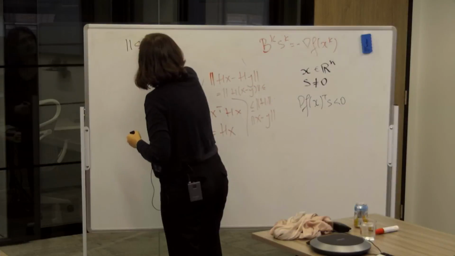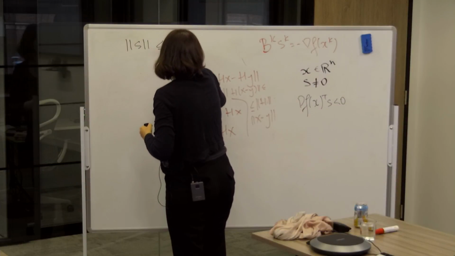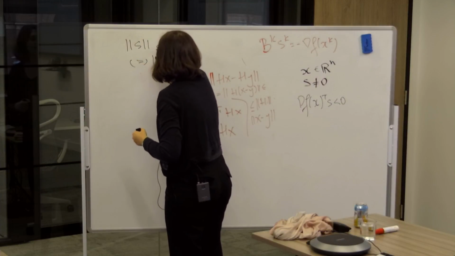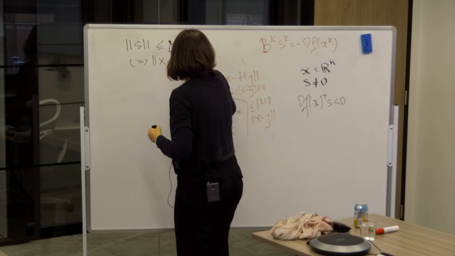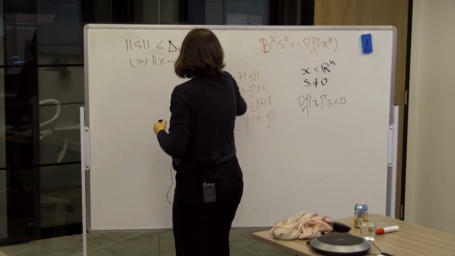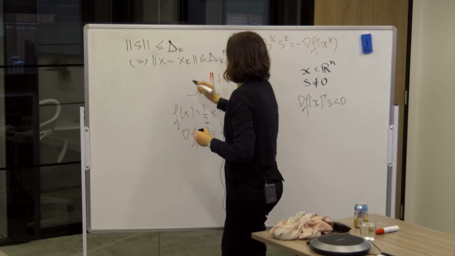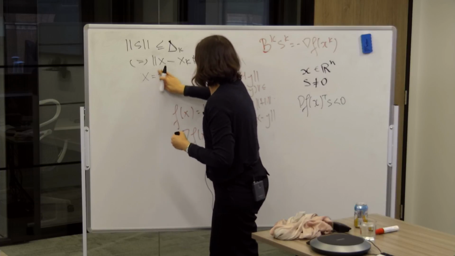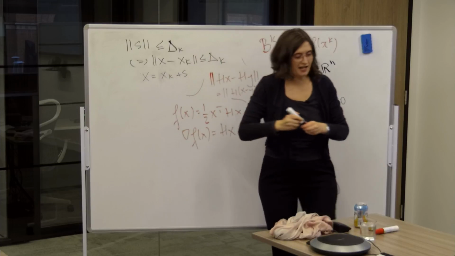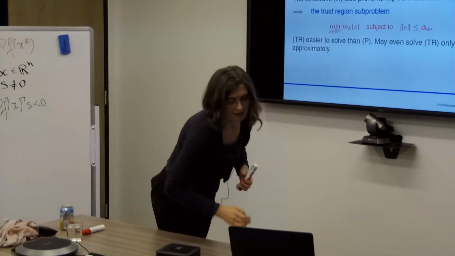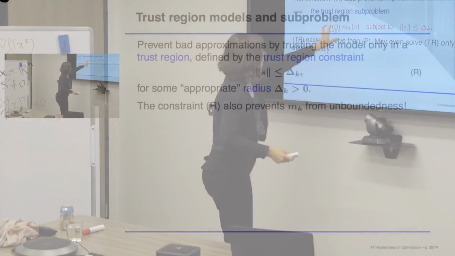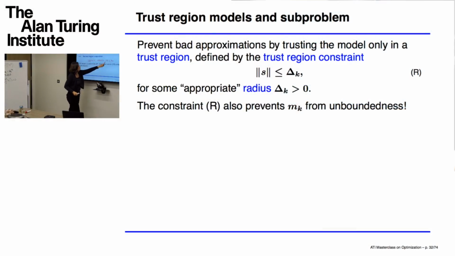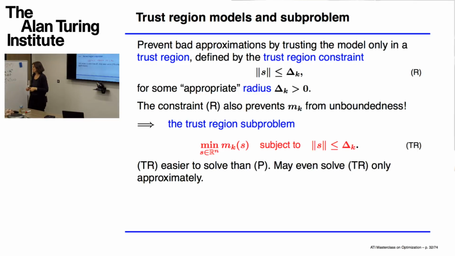When I write this, it just means that I have a ball constraint around my current point x_k, because I think of x essentially as x_k plus s. So I minimize my quadratic model subject to the points being in a ball centered at x_k of size Delta_k.